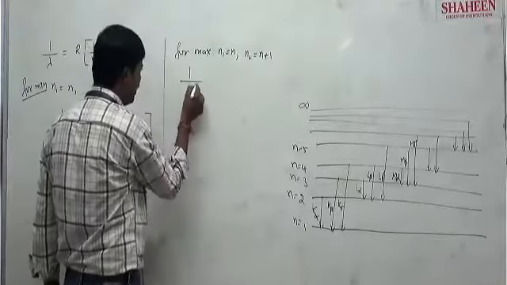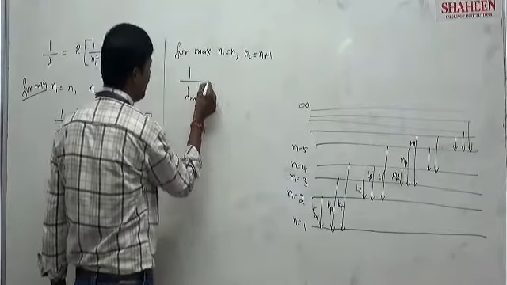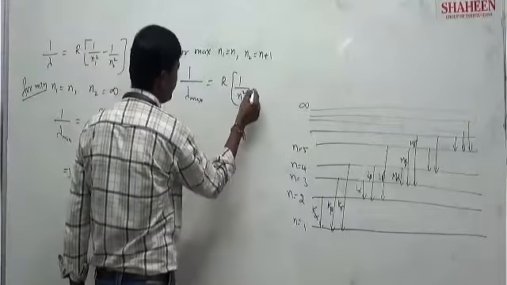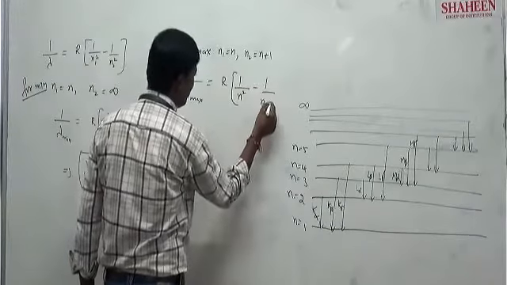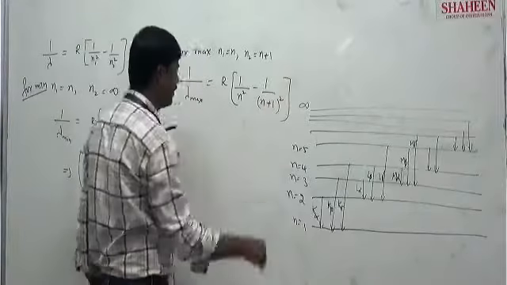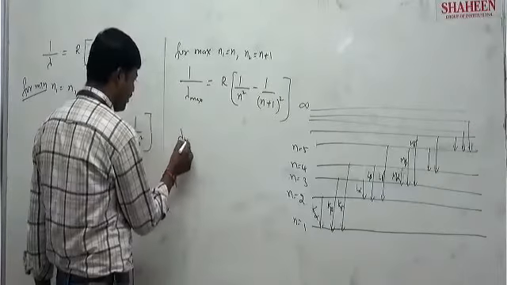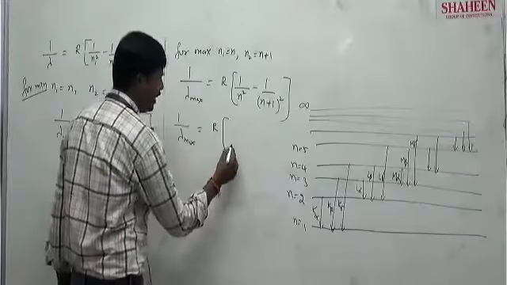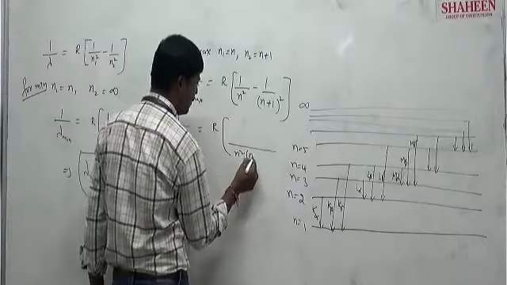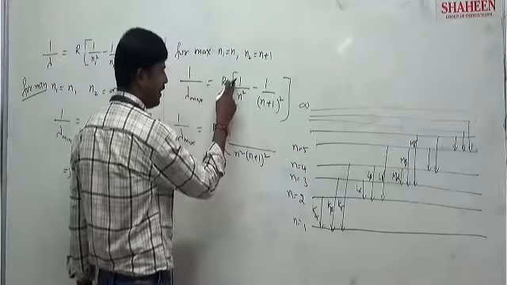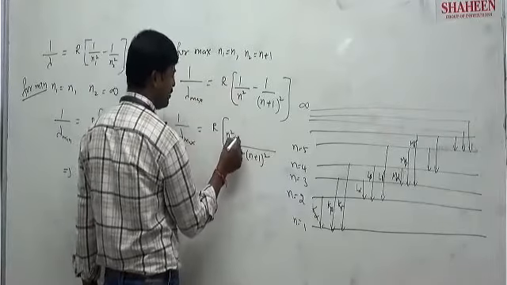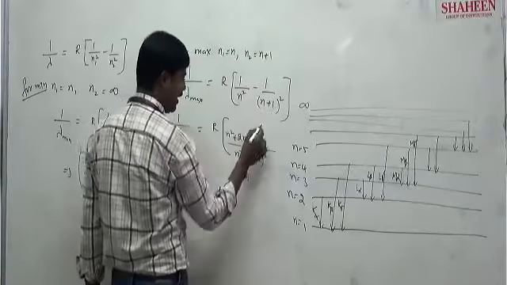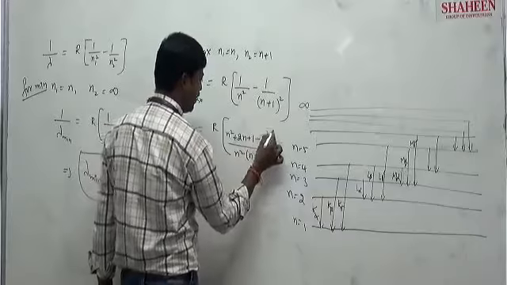So again for lambda maximum, 1 by lambda is equal to R into 1 by n square minus 1 upon n plus 1 whole square. Clear? Yesterday we derived this. So 1 upon R into, taking the LCM, n square into n plus 1 whole square in the denominator, and in the numerator n plus 1 whole square expanded as n square plus 2n plus 1, minus n square.